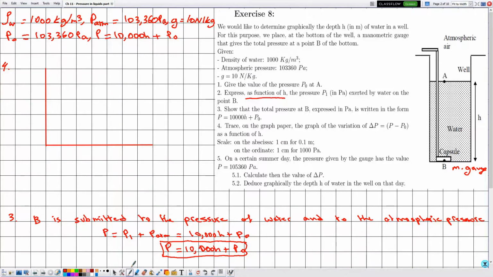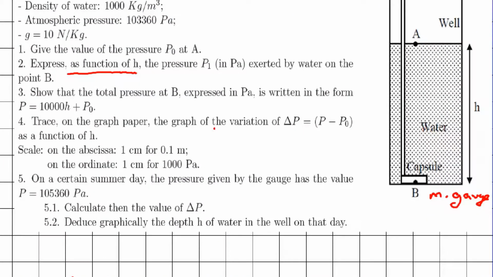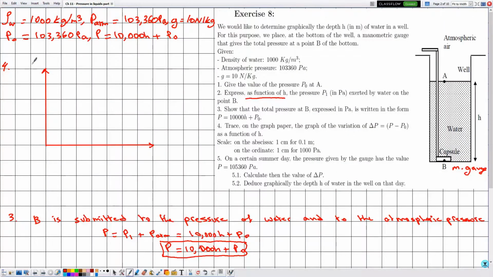Now always in physics, the x-axis and the y-axis must be labeled by physical quantities. So notice that here they are telling me the graph of the variation of delta P as a function of H. The first quantity that comes after the variation is delta P, and then it is followed by H. So because delta P is the first to come after the variation, this quantity represents the y-axis. So this is delta P, and this is H.